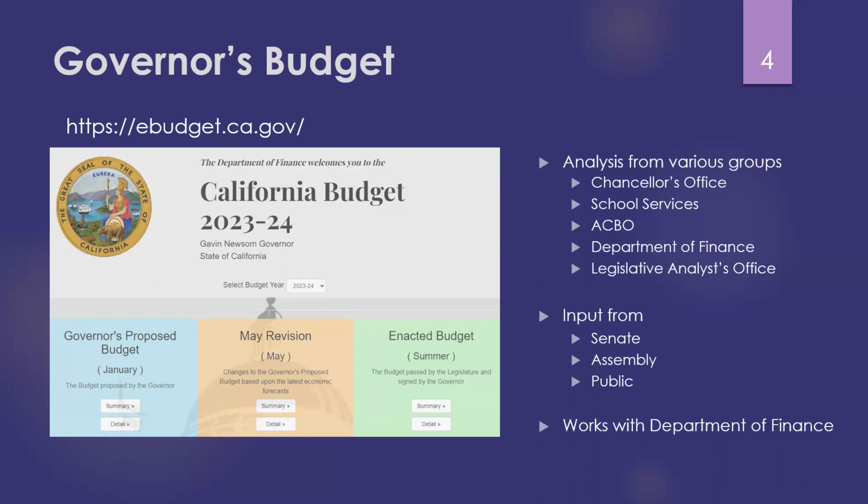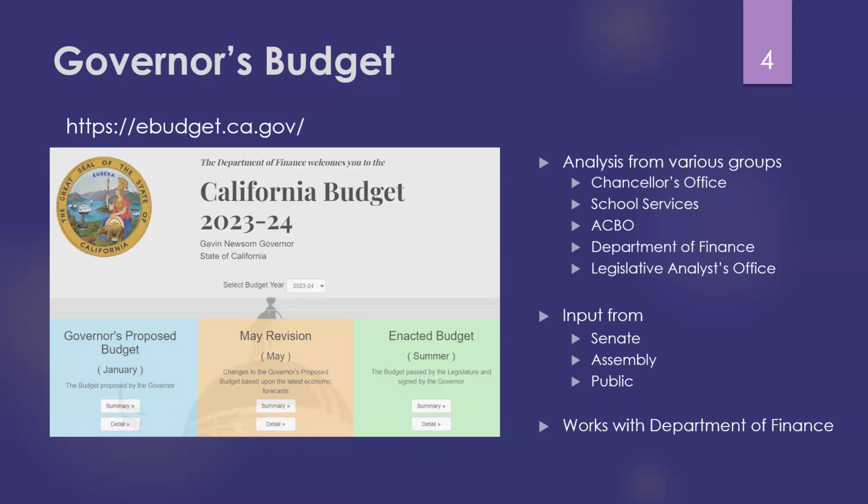So if you are on the state budget website or the chancellor's office website, their budget website has a lot of good information, including a joint analysis that is prepared by organizations that I just mentioned that are focused on community college business.